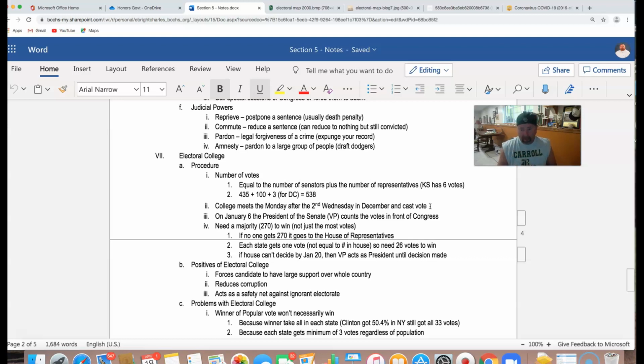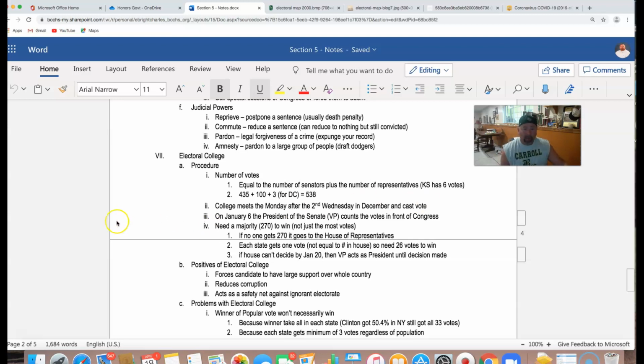There are those 2 states, Nebraska and Maine, that divide up their electors into districts. Nebraska has 5 districts, Maine has 4, and you get 1 elector for each district that you win. Those are the only 2 states that do that. The rest of us are winner take all. You win by 1 more vote in California, you get all 55.